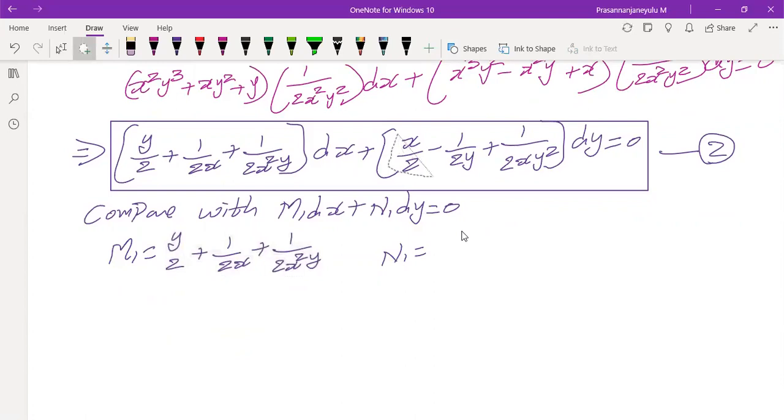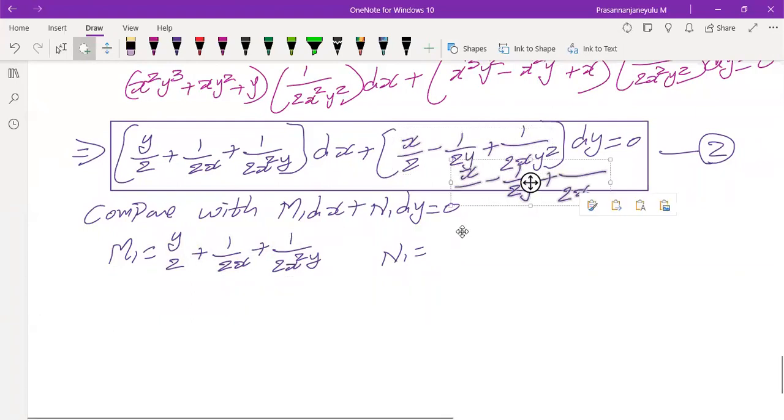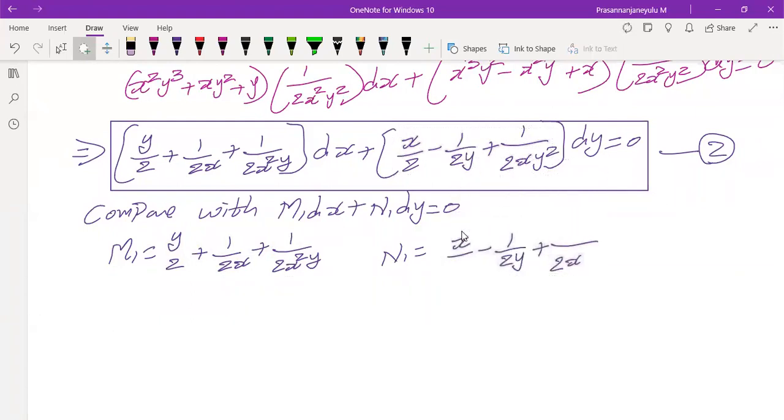So n1 is x by 2 minus 1 by 2y plus 1 by 2xy square. This is n1. After finding m1 and n1, what do we need to do?